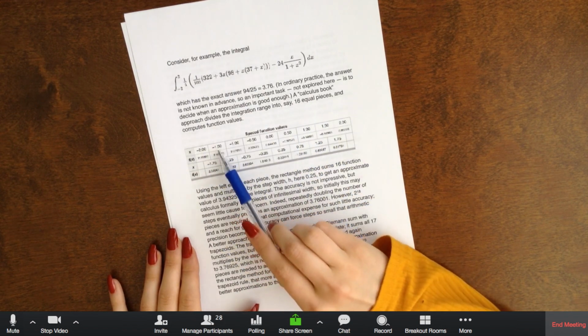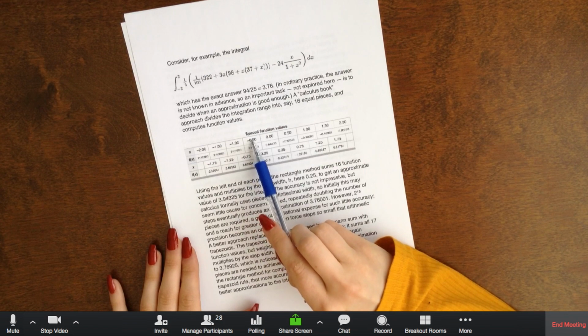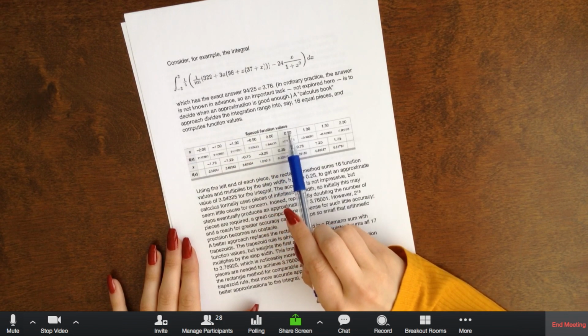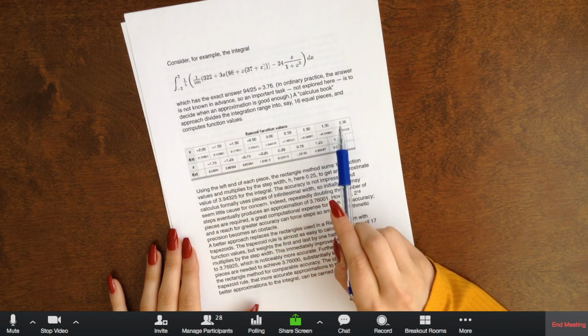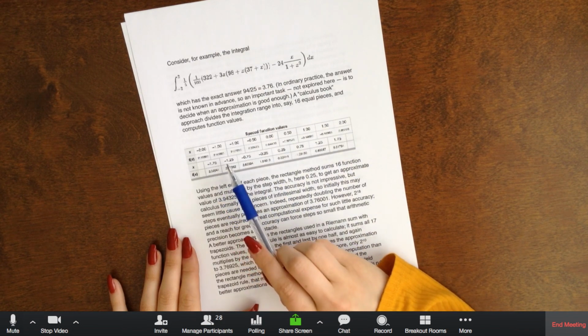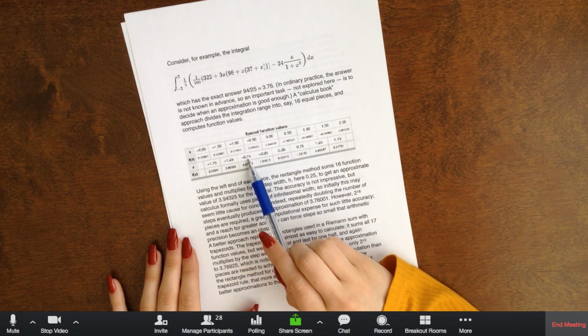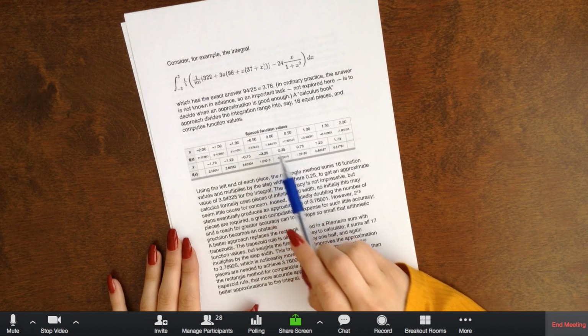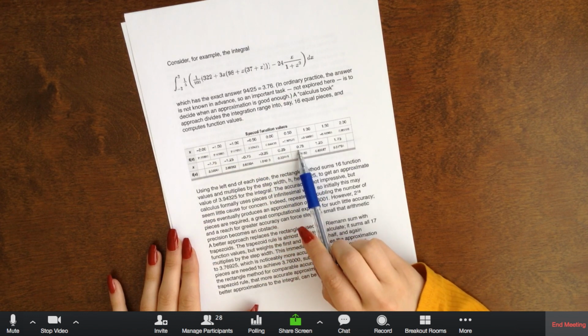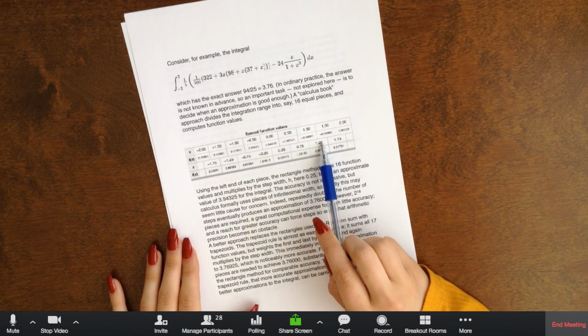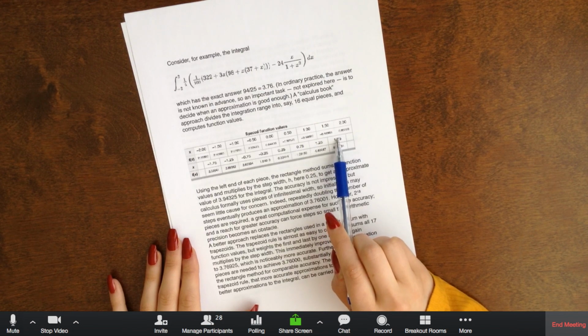1, 2, 3, 4, 5, 6, 7, 8, 9, 10, 11, 12, 13, 14, 15, 16, and 17.